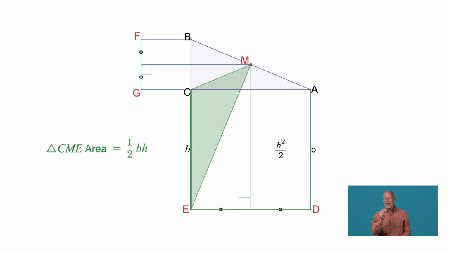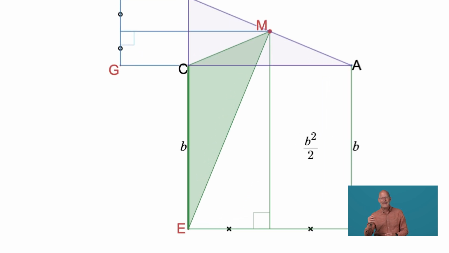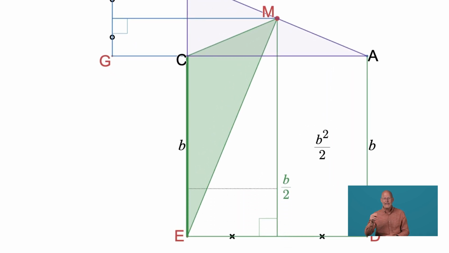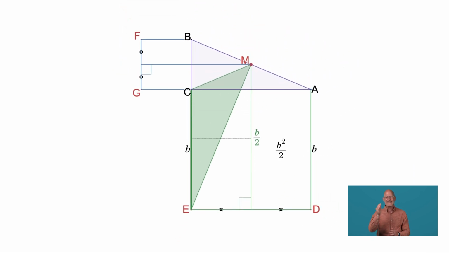Can you identify the triangle's height? Height is the length of the segment perpendicular to the base, stretching until it reaches the line parallel to the base that intersects point M. The height is the length from C to the midpoint between C and A, and since the entire side length is b, the midpoint is b over 2, so the height is b over 2, and thus the area is 1/2 times b over 2 times b, or b squared, all that divided by 4.